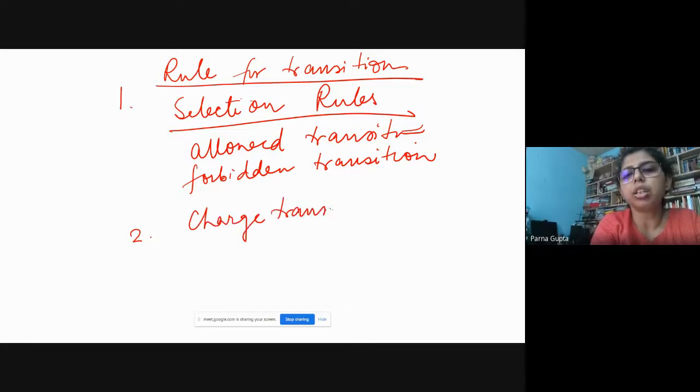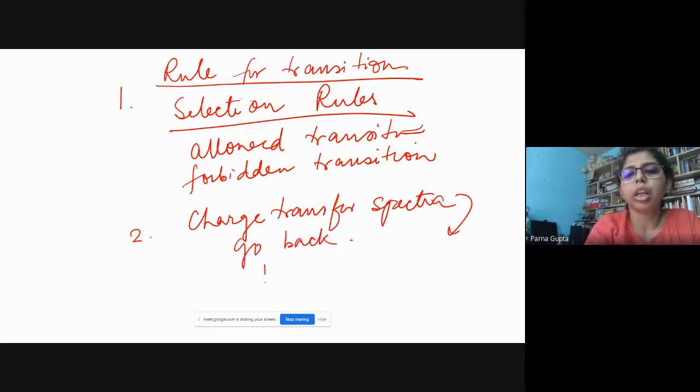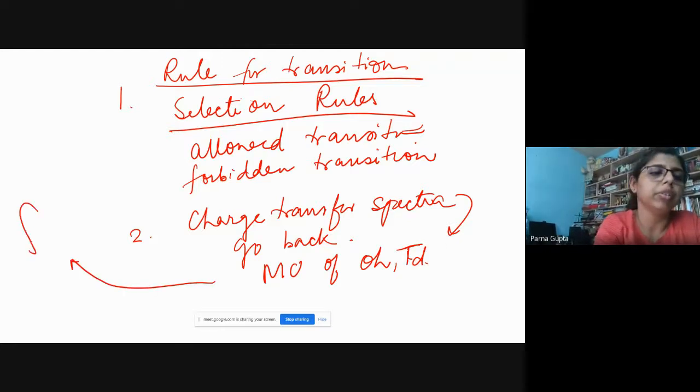For charge transfer, again we will go back to the MO of octahedral and tetrahedral, because then we have to look at the filled orbital and empty orbital.